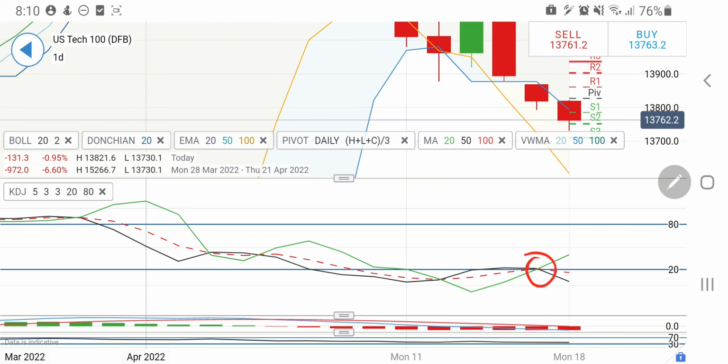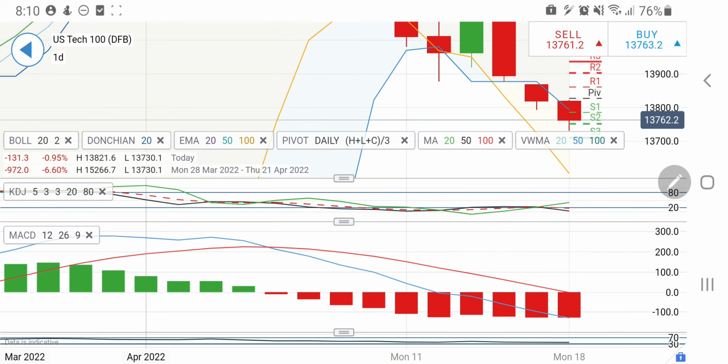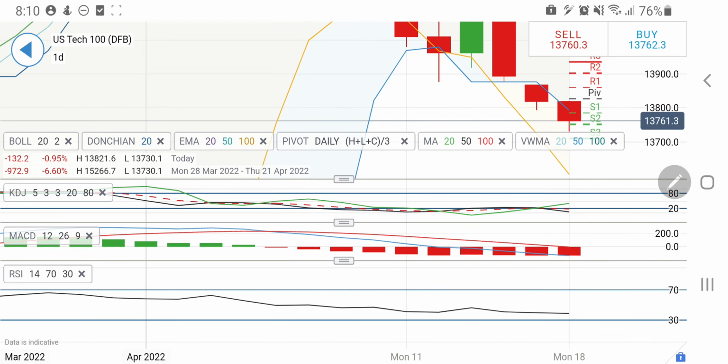Look at the stochastic, still coming back into the oversold zone. MACD wide divergent and still on sell side. Hence, trade with caution. It has already seen a good drop. You can expect that the lows are still there, but I'll be doubtful because a little bounce back is a must.